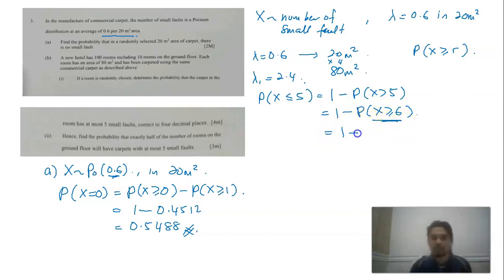So 1 minus the probability of X greater than or equal to 6.